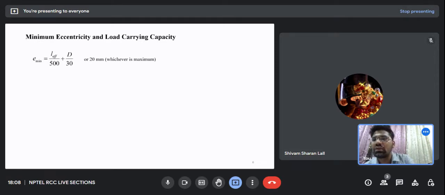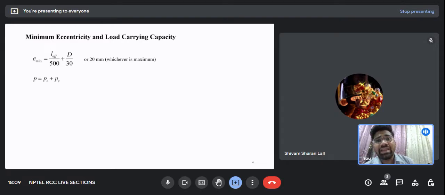The minimum eccentricity formula given in IS 456 is calculated as L effective by 500 plus D by 30, or 20, a maximum of these two values.